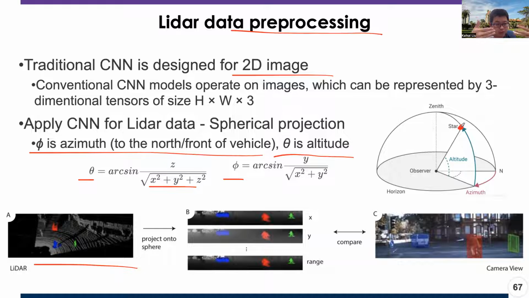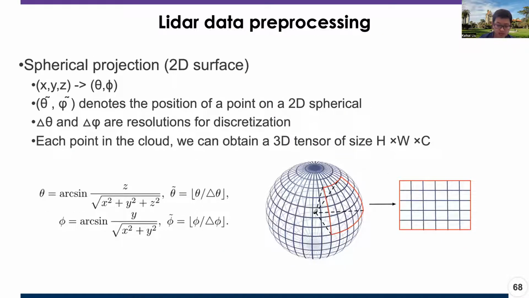Then you can project this 3D point cloud into a 2D plane, like a 2D circle. It's a 2D plane. We can see it's like a 2D surface, right? So every point is X, Y, Z, but you convert it to two angles. Now all the points, whether they have different depths, can be projected to the same depth, like in the circle.